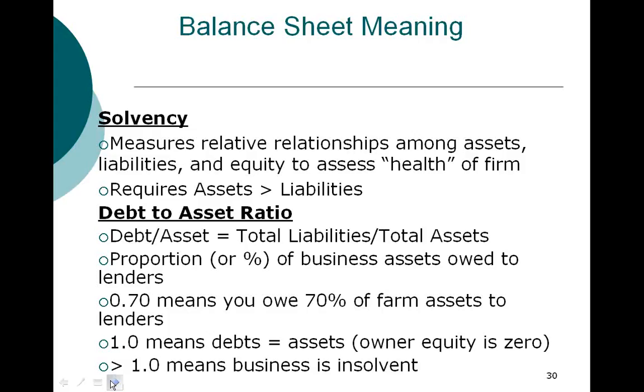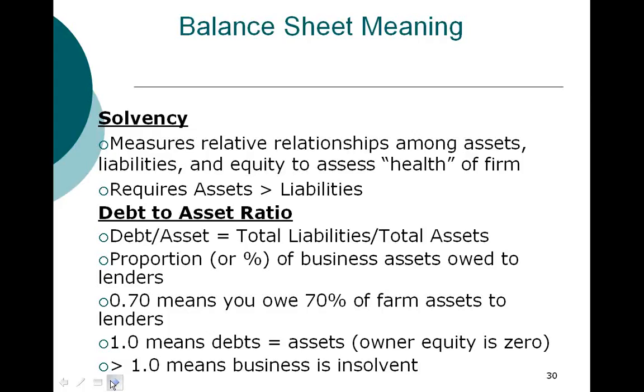Then the next couple of measures, in other words, meanings we can get from the balance sheet, measure solvency, which simply put is if you cashed out the whole business, all the assets, would there be enough to cover the liabilities of the business? The debt to asset ratio measures the total liabilities to total assets.